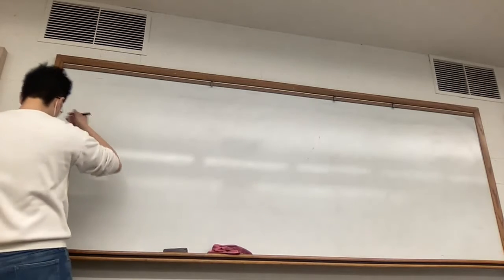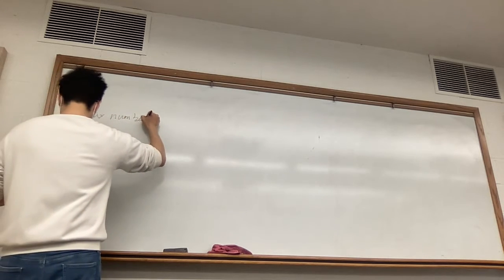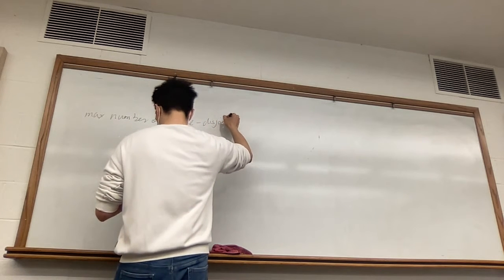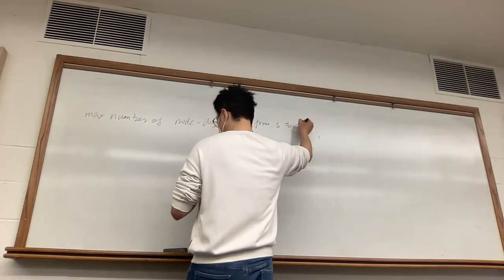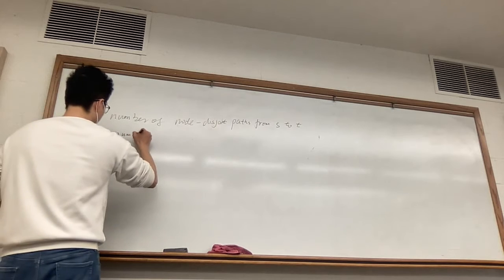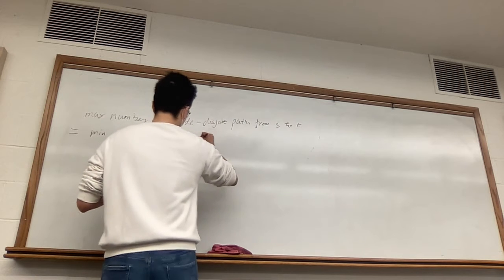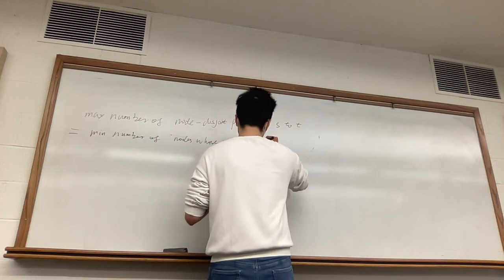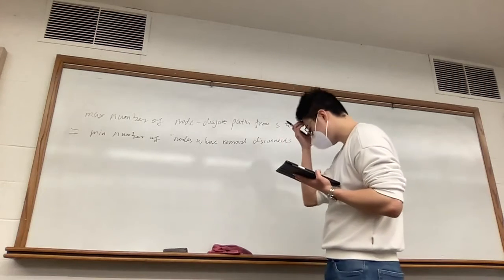All right, next, we can talk about a very similar theorem. The max number of node disjoint paths from S to T is equal to the minimum number of nodes whose removal disconnects the nodes S and T. So let's look at what it talks about.